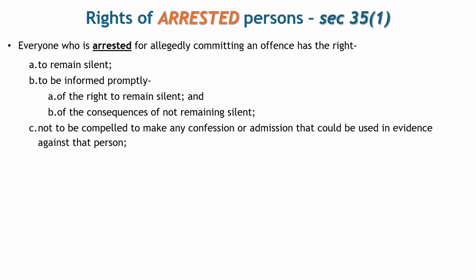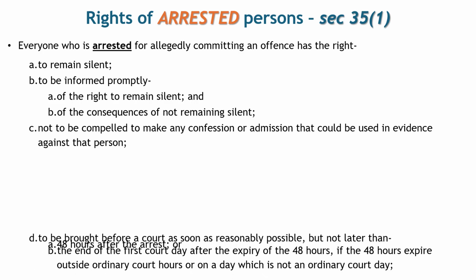This is, again, very closely related to the right to remain silent. Because the person has the right to remain silent, they cannot be compelled to make a statement or a confession. They have the right to be informed of this and of the possibility that if they do exercise the right to say something, that can be used as a confession or admission against them as part of the evidence against that person later.